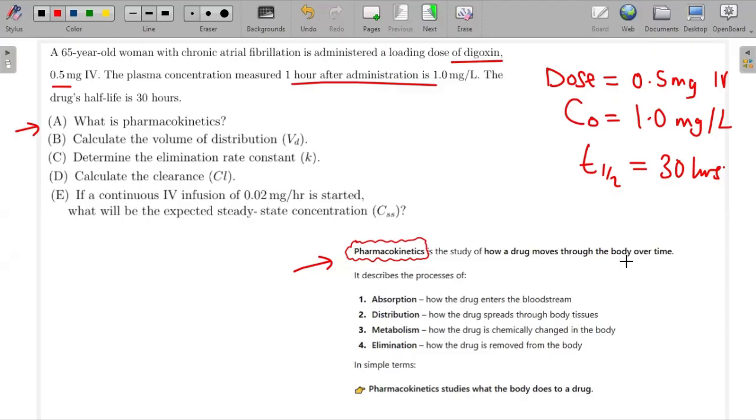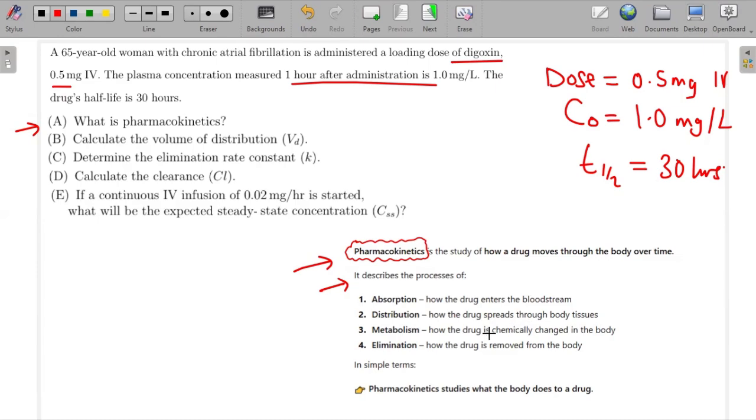So in short, I've broken it down here into four things. Pharmacokinetics describes the processes of, number one, absorption. So when you take the drug, how the drug enters your bloodstream, that is absorption. And then two, that is distribution: how the drug spreads throughout the body tissues once it enters the bloodstream.